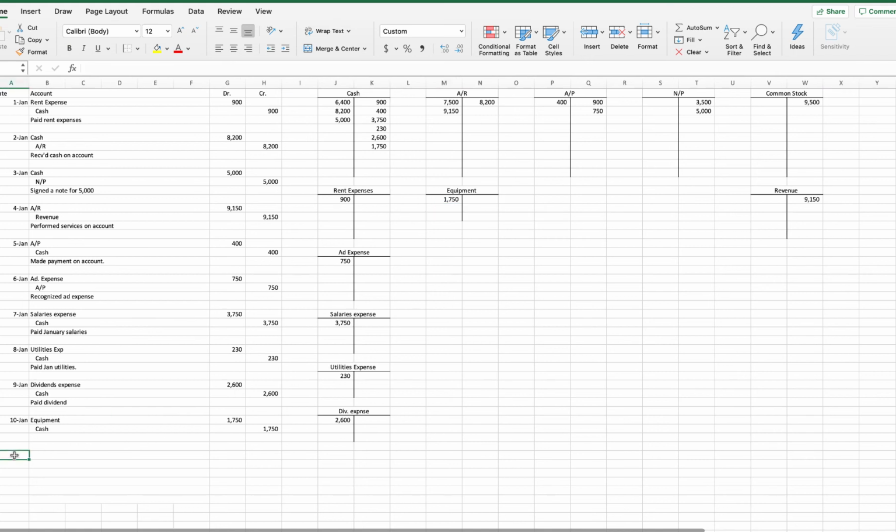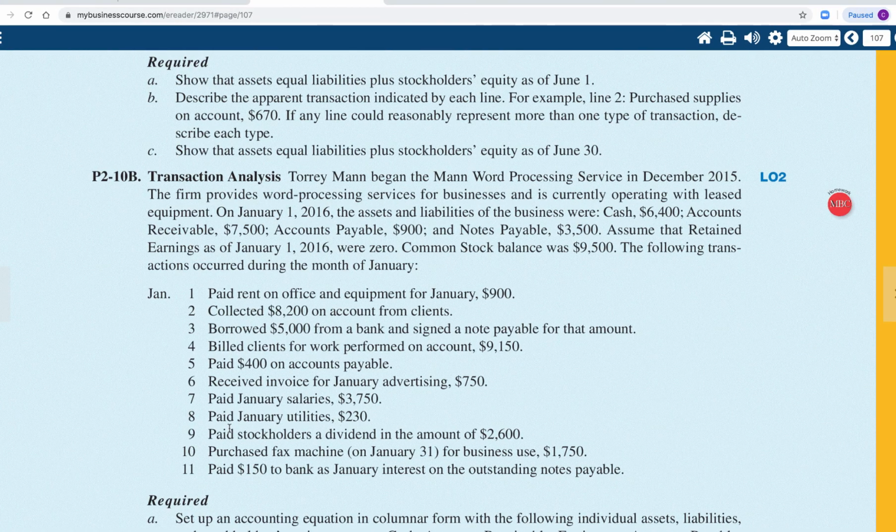The last one we have is on January 11th. And let's go see what we did. January 11, we paid $150 to bank as January interest on outstanding notes payable. So what happened here is we borrowed money from somebody, particularly a bank. I guess the name of the company is bank.